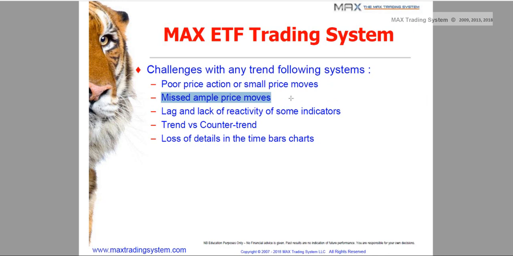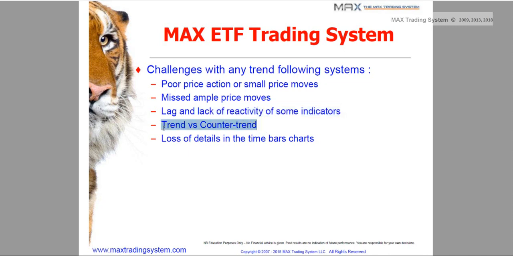This is the case, for example, when the price reverses very quickly. Because we use some indicators to help us pinpoint opportunities faster, when the price moves too fast, the indicators we are using, for example, a moving average, do not react so fast. And so we may also have a lack of reactivity in some of the tools we are using.